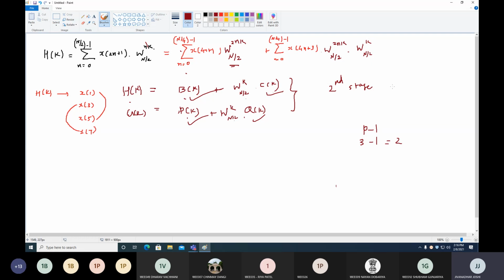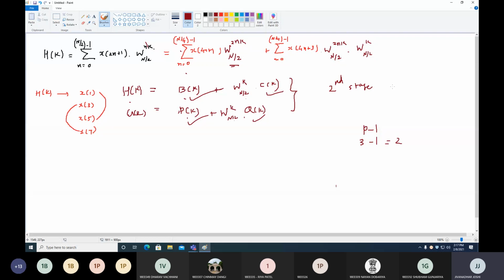First you have derived for g of k and h of k. You have found out the relation between capital X of k, capital G of k, and capital H of k. That's your first derivation. Then you have decimated G of k and H of k, and you have found out the relation of G of k with P of k and Q of k inputs, and output H of k with B of k and C of k inputs, right?